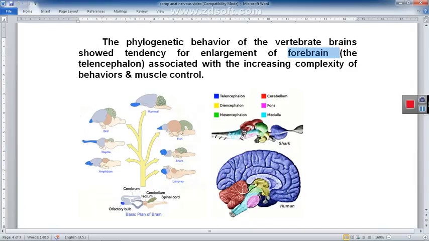And you can see that the human has the maximum size of the telencephalon, which is the cerebral hemisphere, which is very much developed. And this increase in the size and development of the telencephalon part of the forebrain is always associated with complexity in the behavior of the vertebrates and the need for more complicated muscle control.